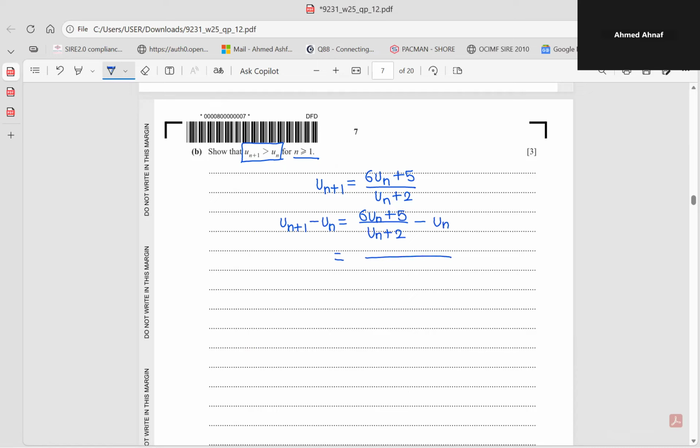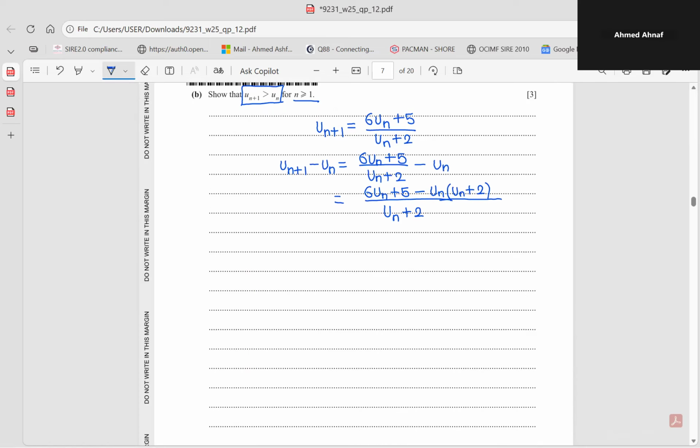So (6un plus 5) over (un plus 2) minus un. We're going to make the denominator for both terms the same. So 6un plus 5 minus un times (un plus 2). I should put more brackets in here because we didn't multiply the negative.